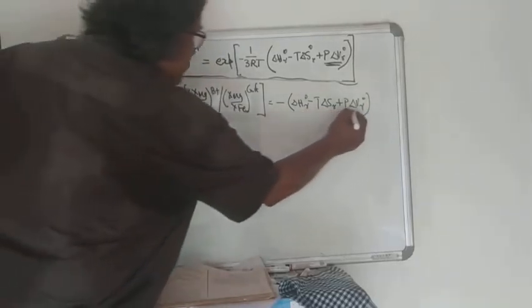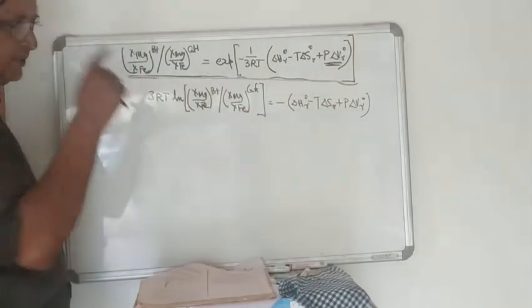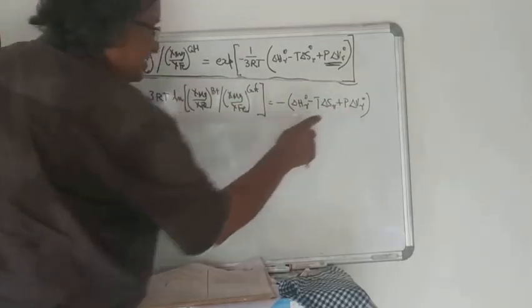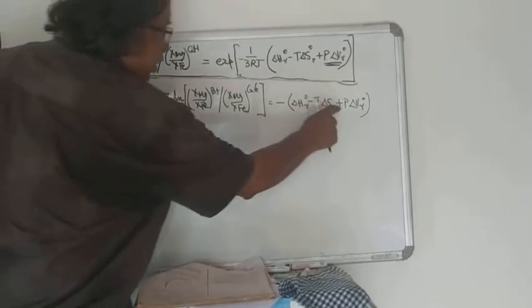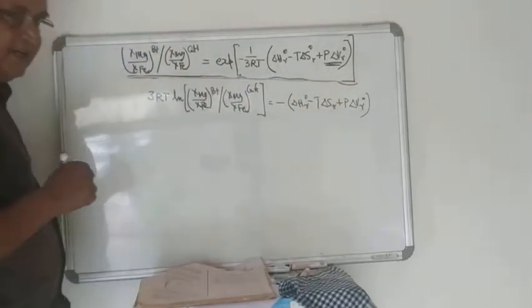Recognizing that the effect of this term would be very small, because I told you in the last class, delta V is very small, and for low pressure this is almost insignificant on the total energy term.